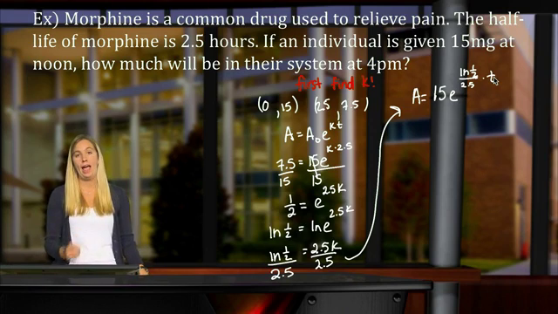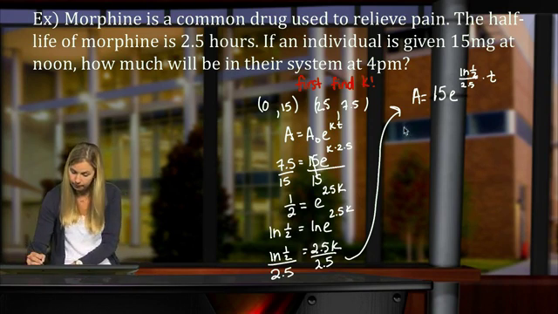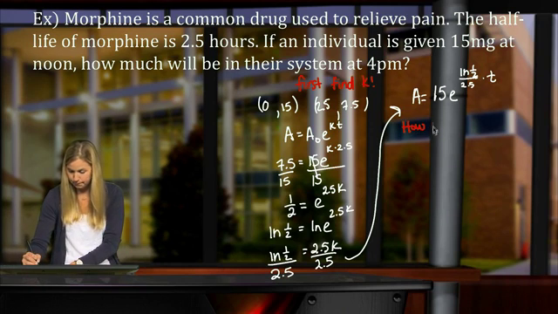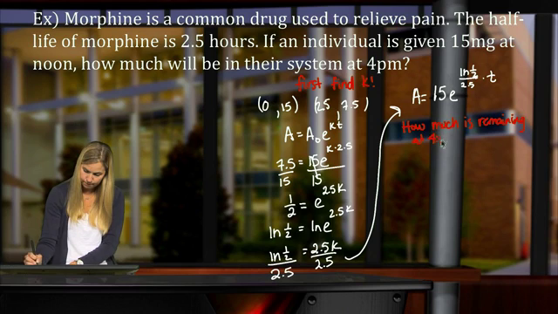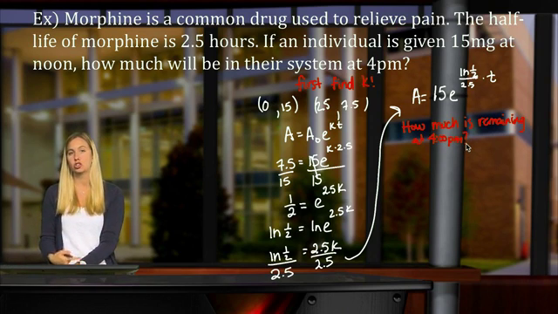They want to know how much morphine will still be in that individual's system at 4 p.m. Take a look at how you measured time initially.